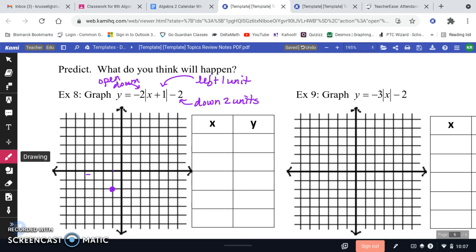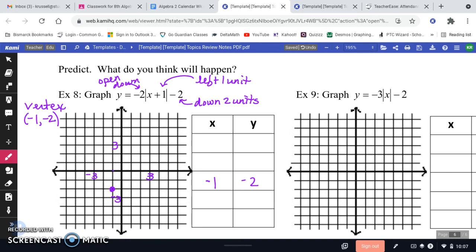So I'm going to label here a little bit. My vertex gets shifted, and it's going to be at -1, -2. My suggestion on using your table is figure out where your vertex is and put that in the middle of your table. Then we're going to work out from there.